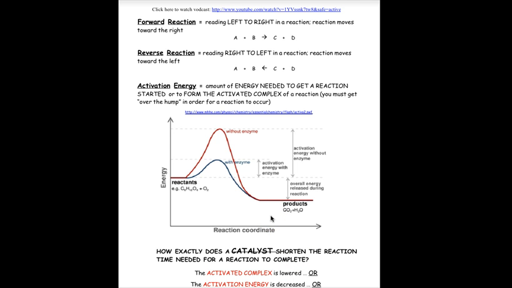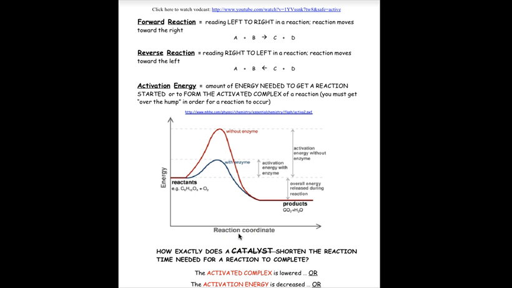If you remember, we said that a catalyst is one way to speed up a reaction. A catalyst speeds up a reaction by reducing the amount of activation energy that's needed to start a reaction. There's also something that would slow down a reaction, the opposite of a catalyst. That would be an inhibitor. I have yet to see that term ever on the Regents exam, so I'm not going to really worry about that.